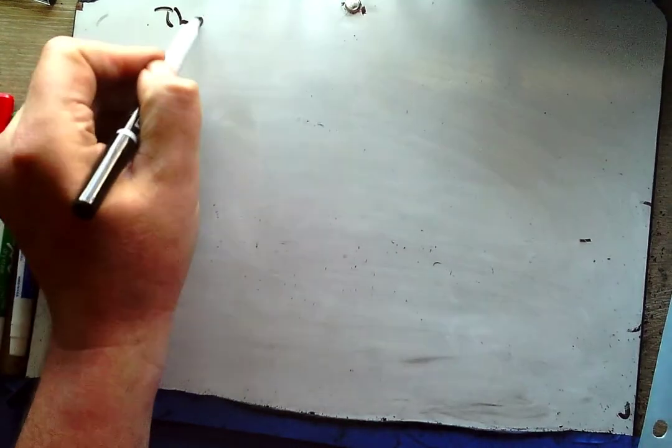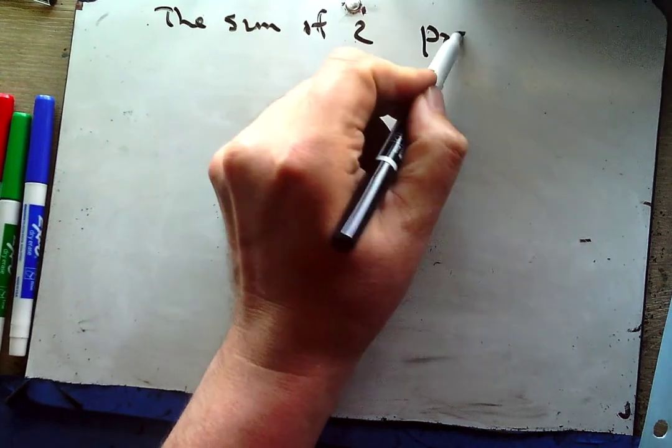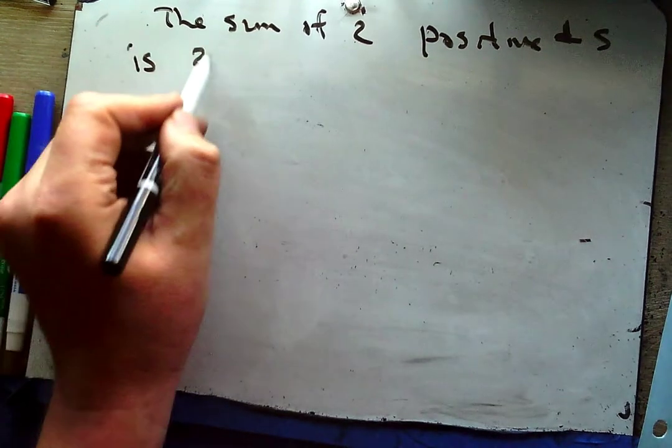Number 6. Number 6 says the sum of 2 positive numbers is 20.